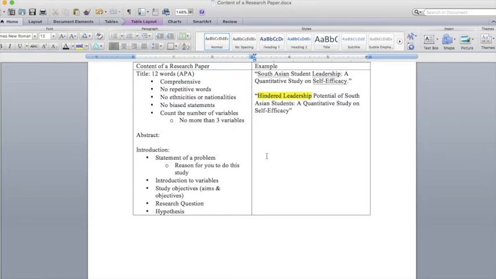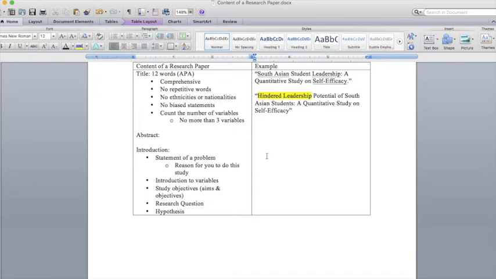Students find it difficult to mingle with other domestic students. Now, these are the reasons I gave. Now, the question she asked was, has this been documented somewhere? Now, if this has been documented somewhere, boy, you are very lucky, because then you got a problem to start your research. Okay, so statement of the problem is the reason for you to do the study.